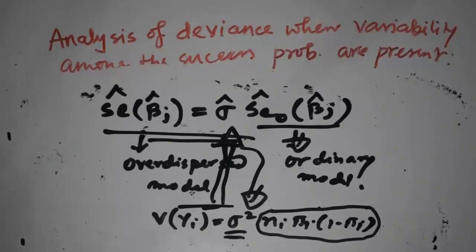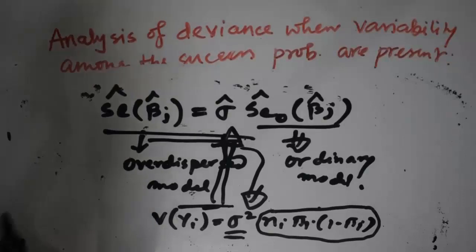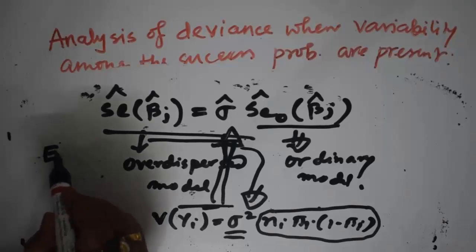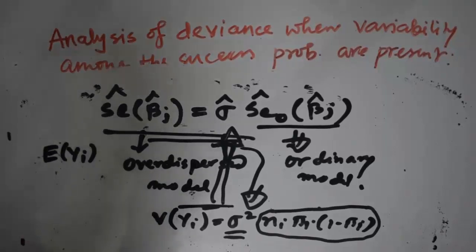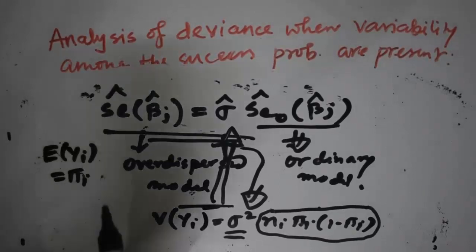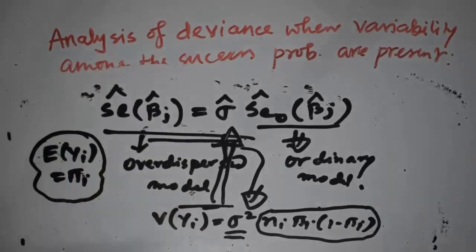Here I mentioned that the expectation of yi remains same as ordinary model, that is, expectation of yi equal to pi i, for both the cases, ordinary model and overdispersed model.